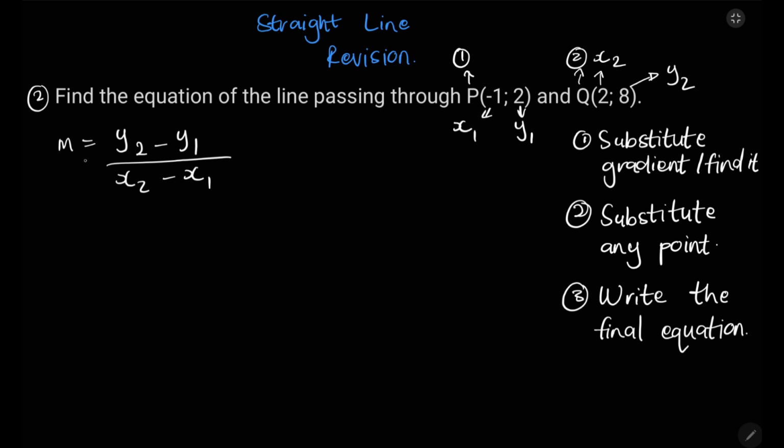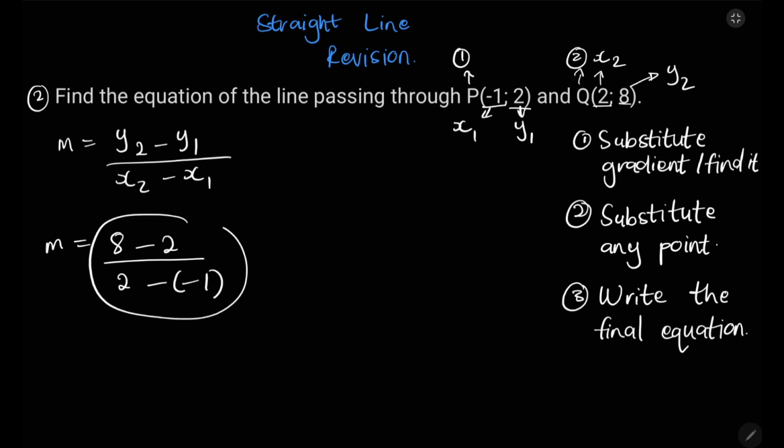Now let's substitute. This will be m is equal to y2, which is 8, minus y1, which is 2, all over x2, which is 2, minus x1, which is negative 1. Let's put it in a bracket.